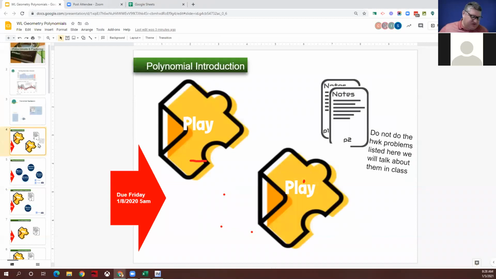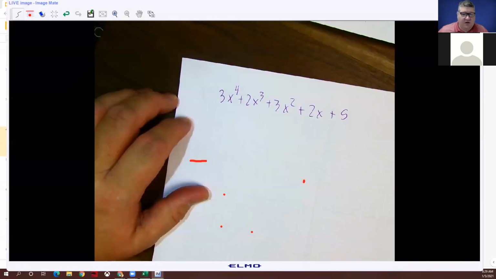This is actually a return to Algebra 1. And so in Algebra 1, you learned about polynomials. And the polynomials that you learned about were things that look like this: 3x to the fourth plus 2x cubed plus 3x squared plus 2x plus 5. Something like that. So let's put that up on screen. Okay.